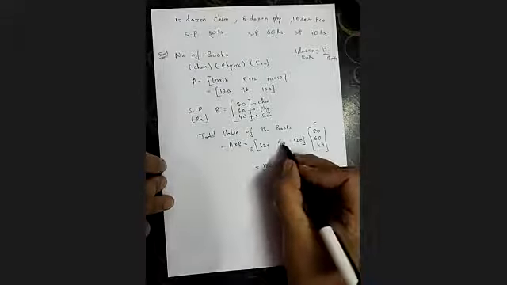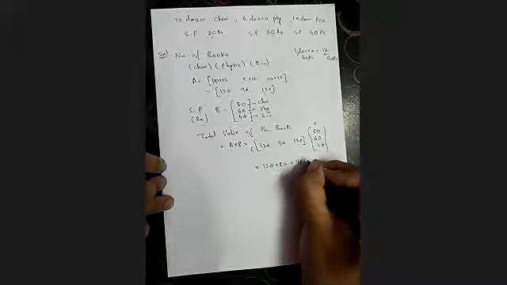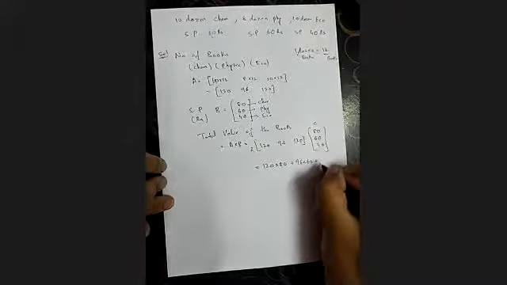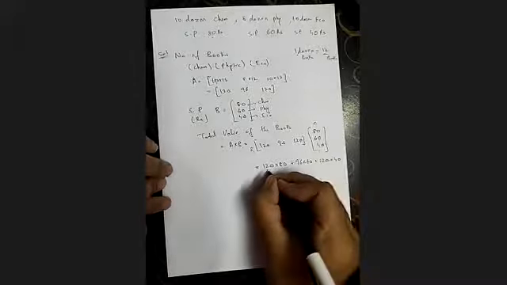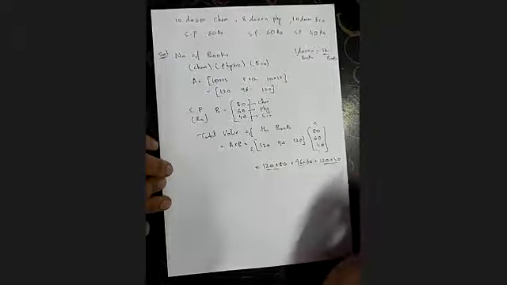So 120 into 80 plus 96 into 60 plus 120 into 40. Now first we should multiply, then we can add or subtract.